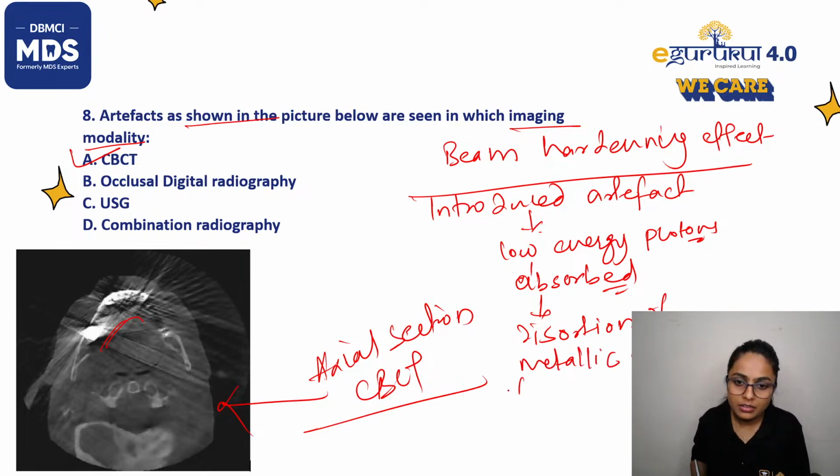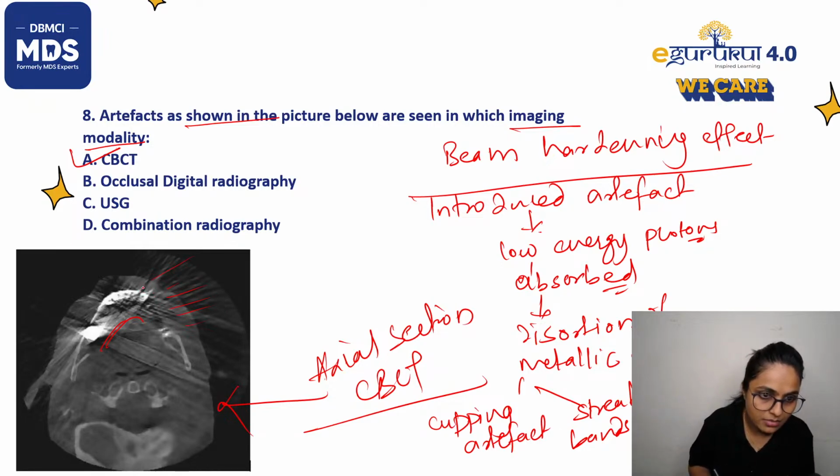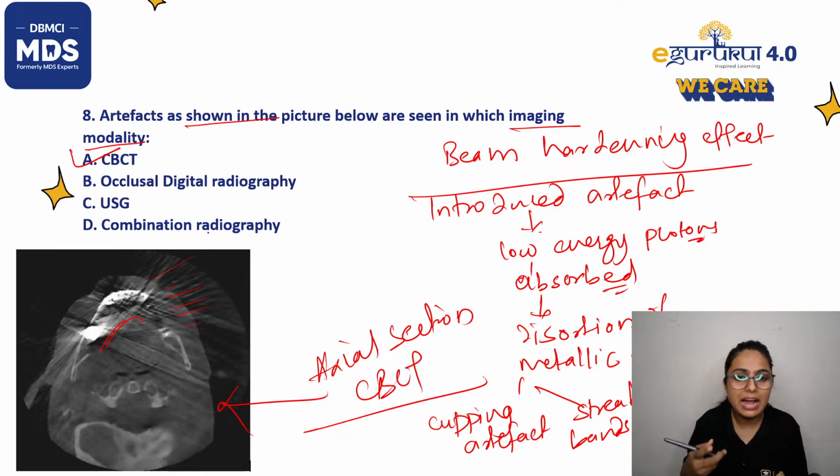due to differential absorption, and you will be able to see cupping artifact and streak bands. Here, if you see, there are bands or striae coming out of this radiopaque structure; those are streak bands.